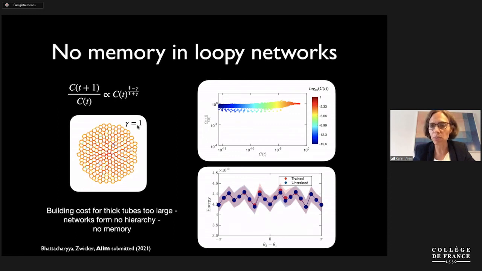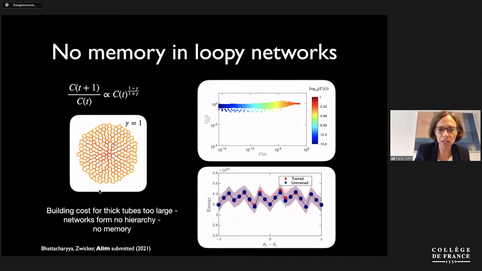So what is different about these networks if gamma is equal to 1 or bigger? It turns out that if this exponent for the building cost is 1 or bigger, then the cost for building thick tubes is so high, compared to the dissipative loss, that the network just won't have any hierarchy.